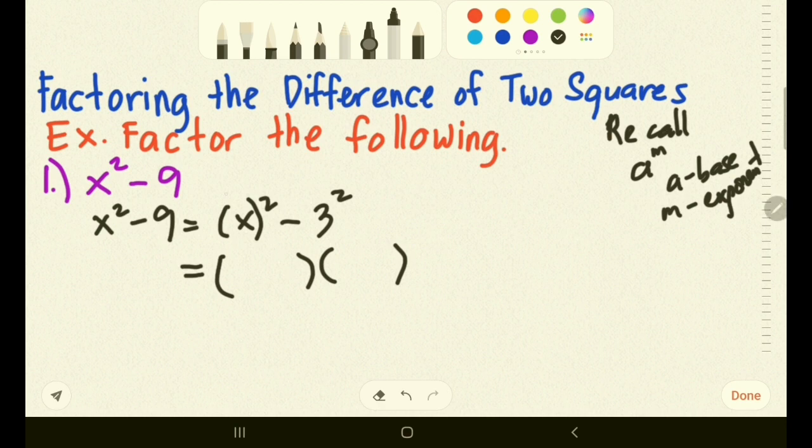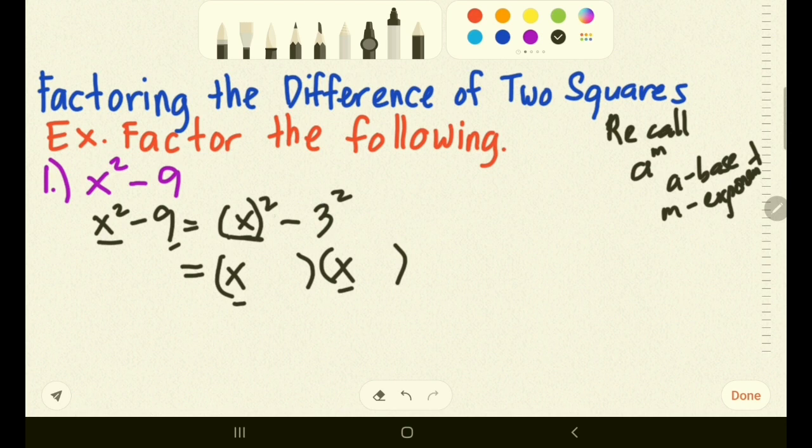So get the base for the first, or I mean the square root of this x squared. It's just the x, the base for this first term. So you have your x. Put it here as the first term. And then 9, you have your square of 3.